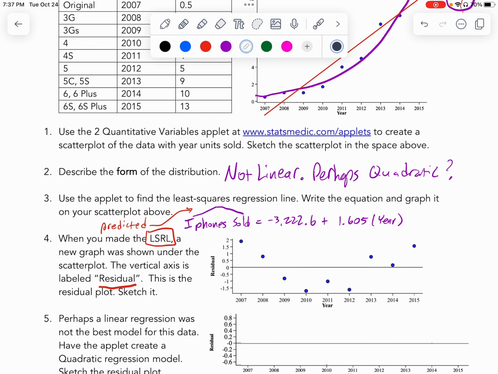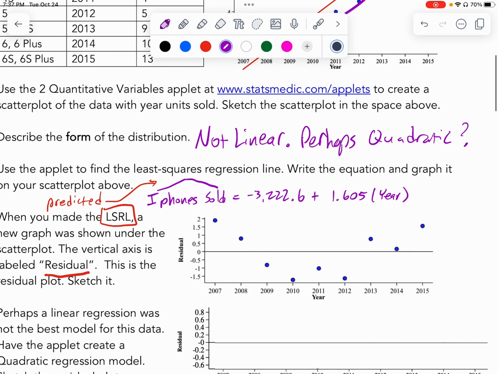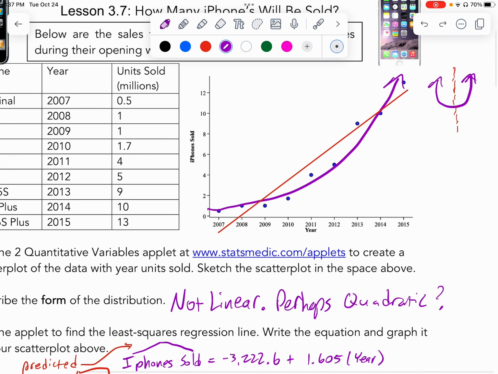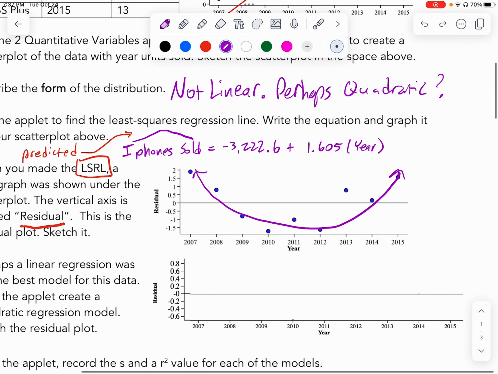What I see here, and is the big takeaway, is that this plot has a curved or smiley face pattern, right? I say that the scatter plot up here was curved, and when I made a residual, it was kind of like a leftover curve.